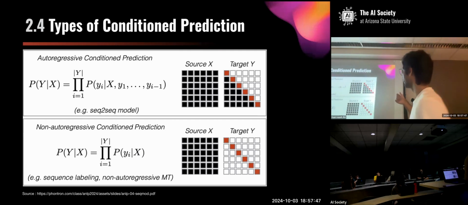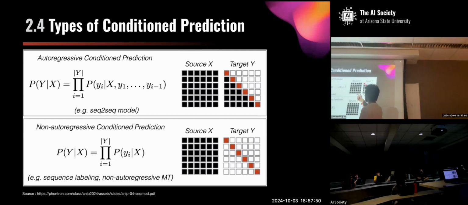And now this is conditioned prediction, where you are given a certain source, and then you are predicting a target y. For example, a sequence to sequence model. You can think of machine translation. You are given a source sentence and you are trying to predict the target based on that source.